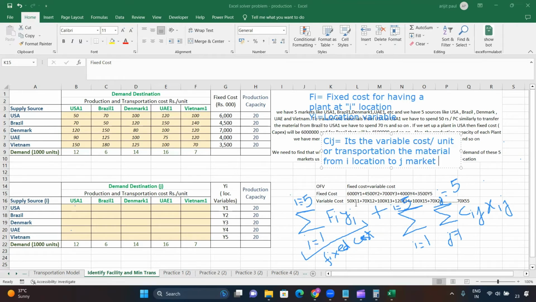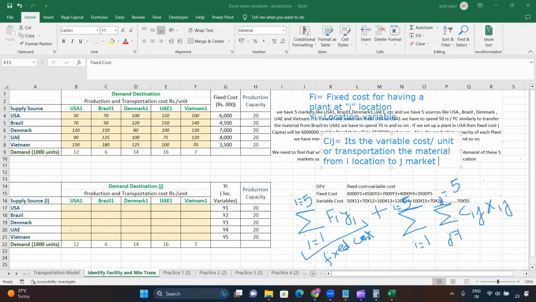For example, 50 is the cost if we transport any material from location i, that is from USA, to the market USA. I have mentioned the same thing here. And Xij, that I have already mentioned earlier, is the quantity that we are going to transport from location i to j.